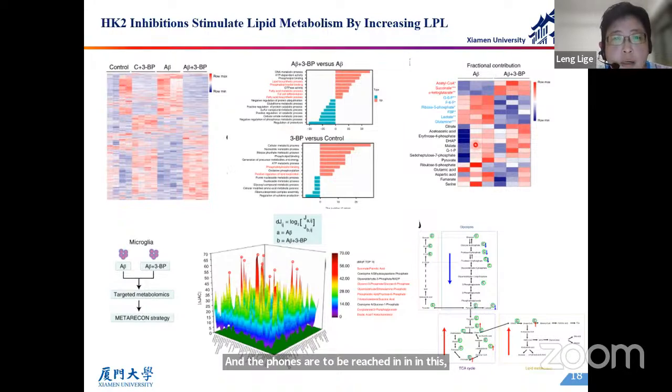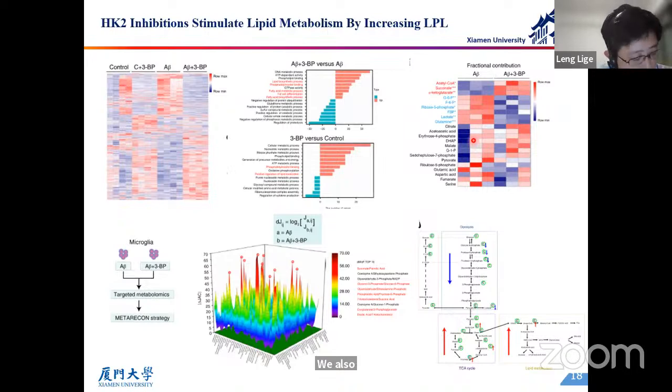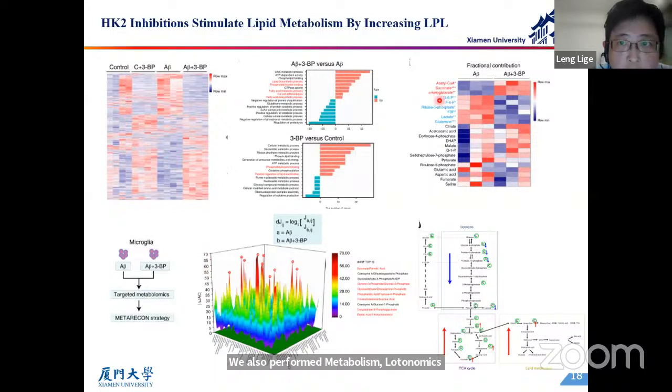We also performed metabolomics and also found that there is a shift to lipid metabolism.